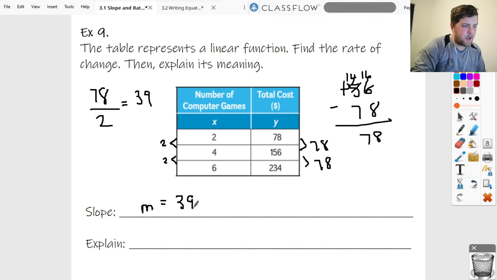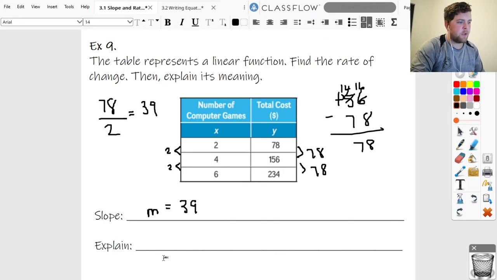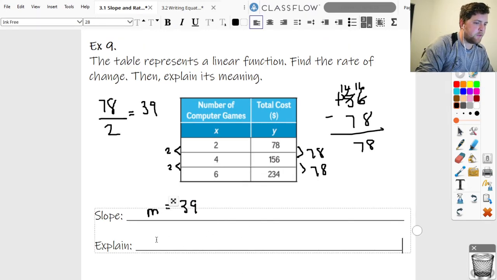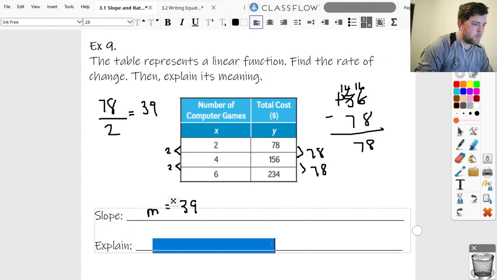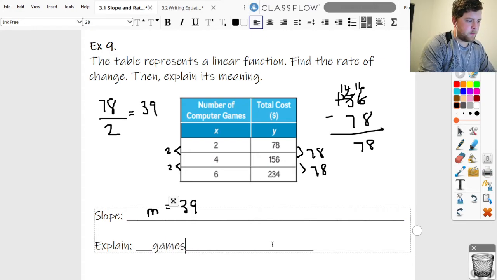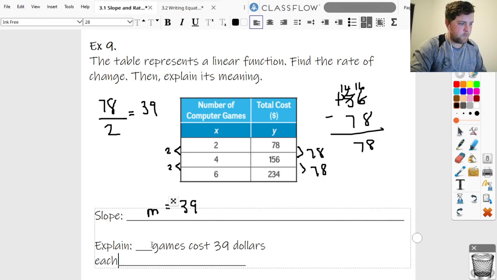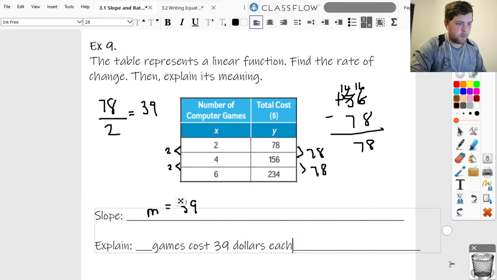And then in the context of the problem, that's going to mean that your games cost $39 each. I can't spell. Dollars each. Make that a little longer. Cool.